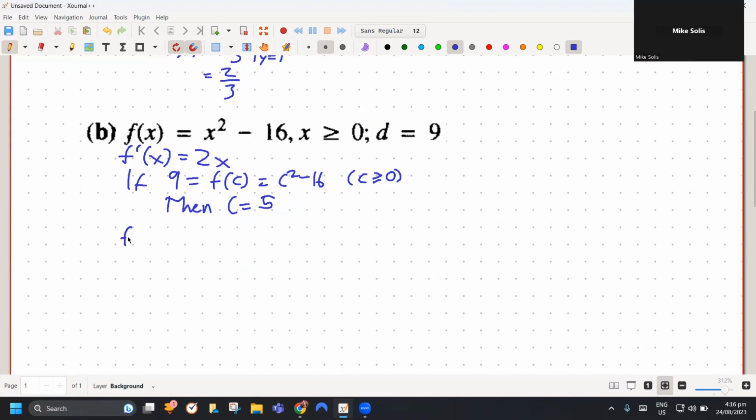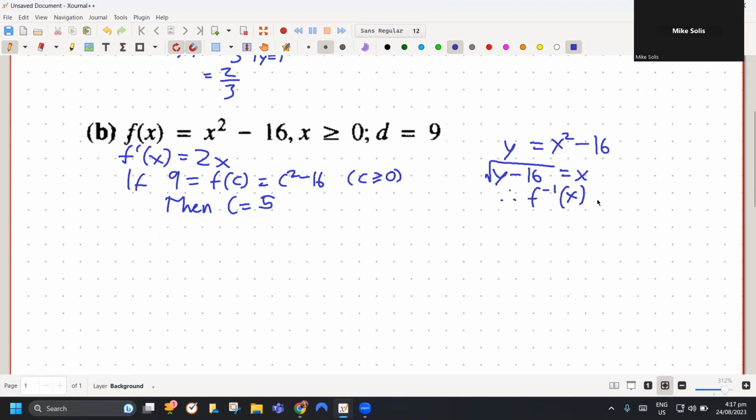So f prime of x evaluated at c. So the theorem is f inverse. Wait, we're no longer solving for x. That's not needed.